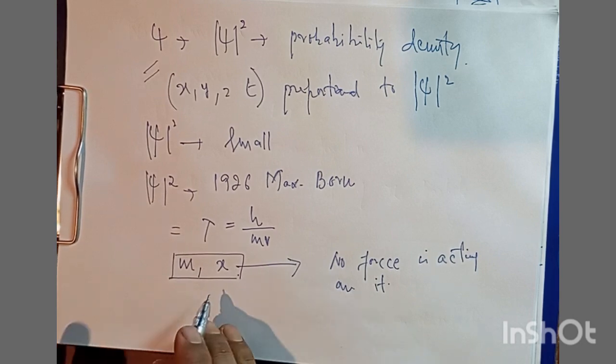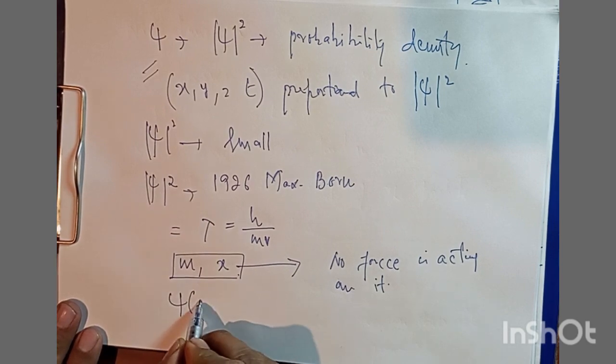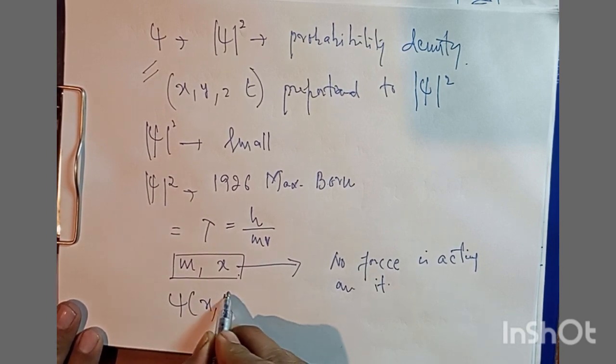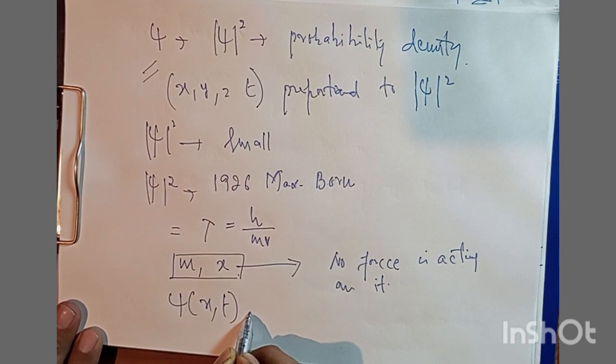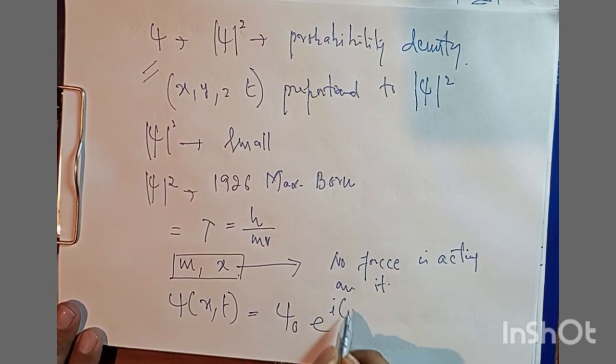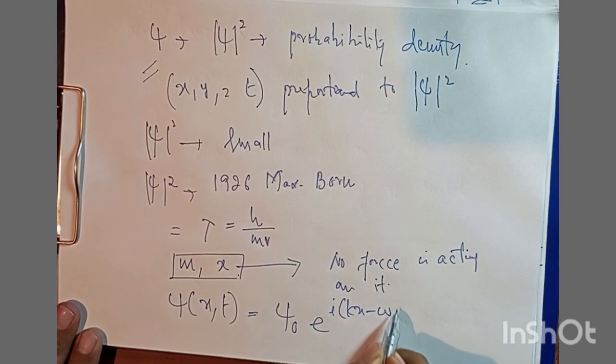Now, if that's the situation, then according to Schrödinger, the wave function psi of x at time t is psi naught e to the power of i times kx minus omega t.